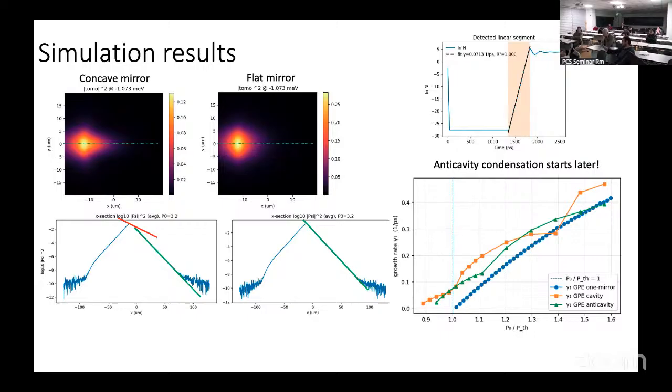But now we see that it depends on how you pump your system, because the green curve has a higher growth rate, and then you will probably have more polaritons for anti-cavity in some particular cases. But I want to insist on going near the pumping threshold area. But even near the pumping threshold, there's also a very small pocket where it's different. Where they are different. Yeah.